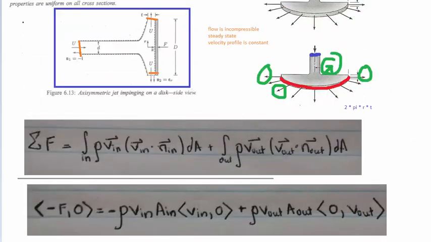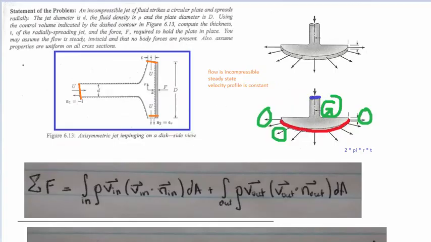So again, one of the flows goes up, one of the flows goes down, so one of them needs to be positive, one of them needs to be negative. And as you can see, these two terms over here will cancel out completely, leaving you just this. And this has already been decomposed into just along the x direction. So we could drop this vector notation here, and you're going to get something that looks like this.